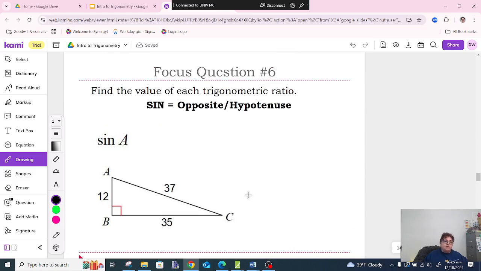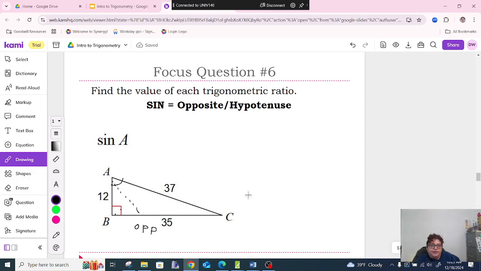So we're going to do one more of these, and then I'm going to show you how do you actually use this. So over here you have sine of A. I'm going to put my finger on A, right? And now you're going to label opposite.